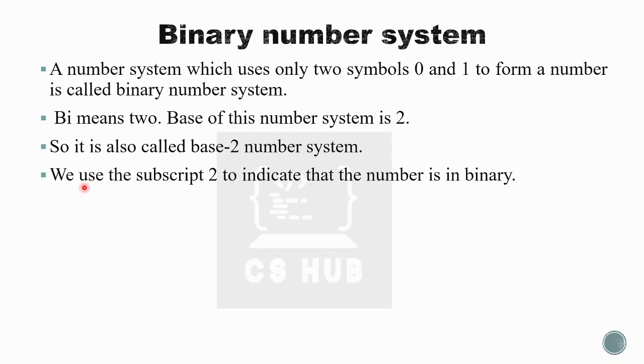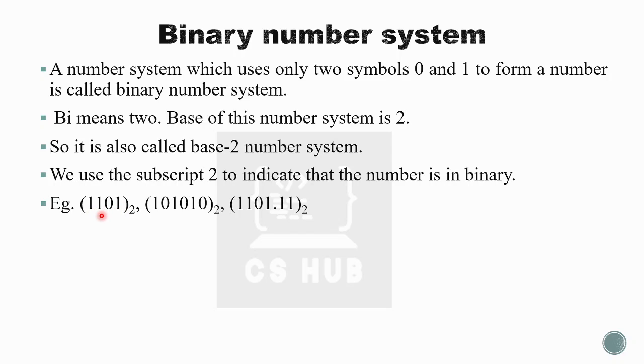One more thing is that we use the subscript 2 to indicate that the number is in binary. To denote a binary number, we use a notation like this: we have to keep a subscript of 2. If we simply write 1101, we think of it as a decimal number.